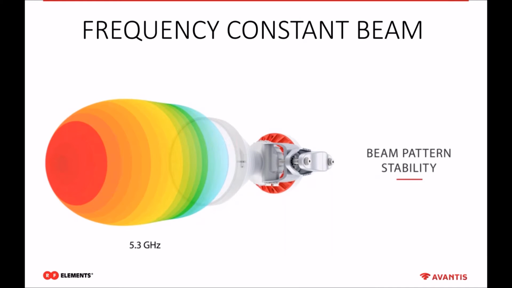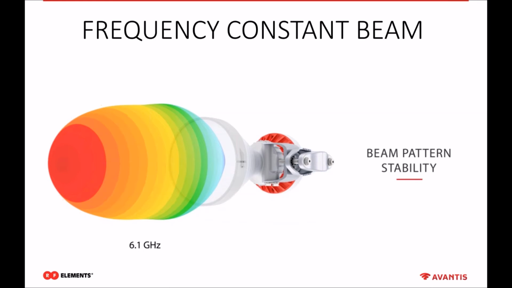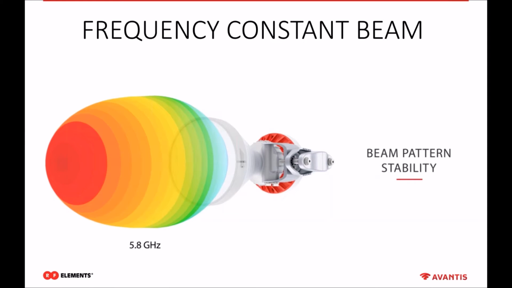And this brings one benefit also in real-life deployment. Imagine when you decide to deploy a symmetrical sector antenna. You will choose the channel with less interference, the best channel to achieve higher throughput.